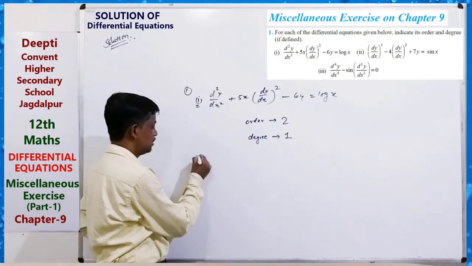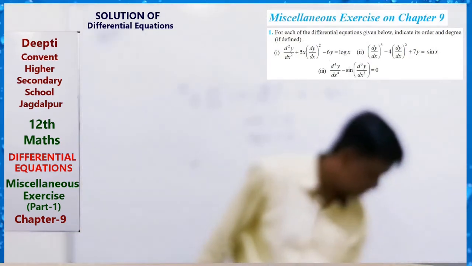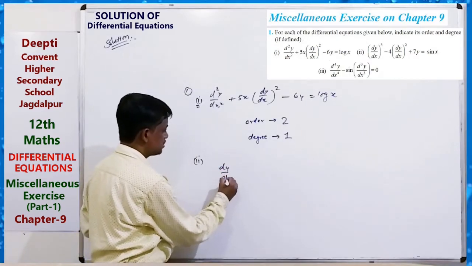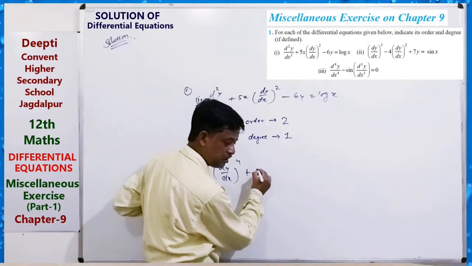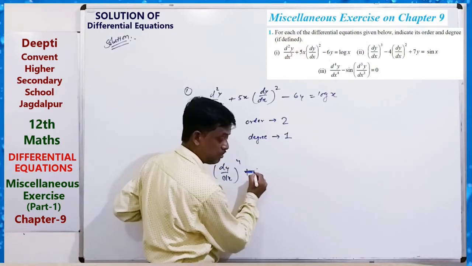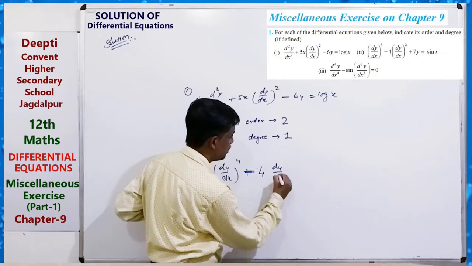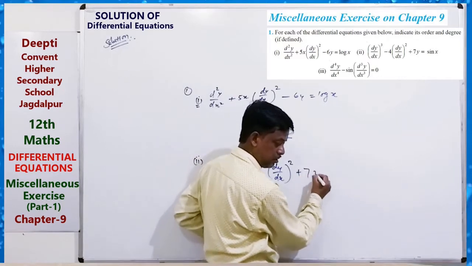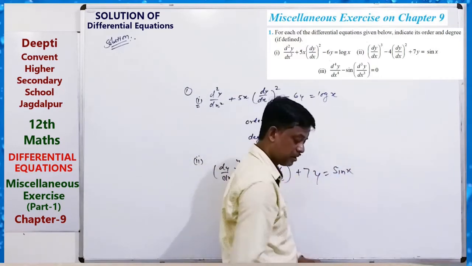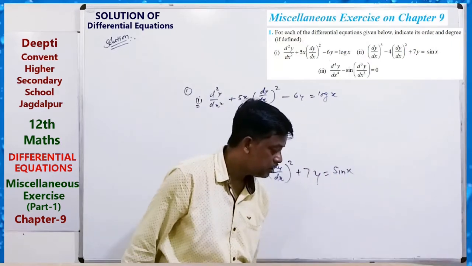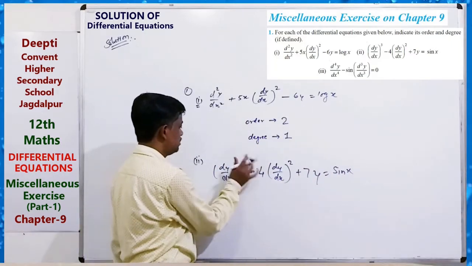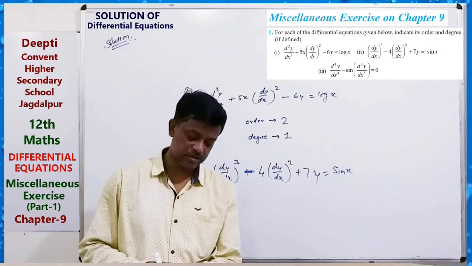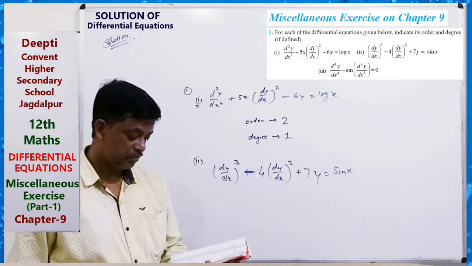Second question: (dy by dx) power 3 minus 4 (dy by dx) power 2 plus 7y equals sin x.